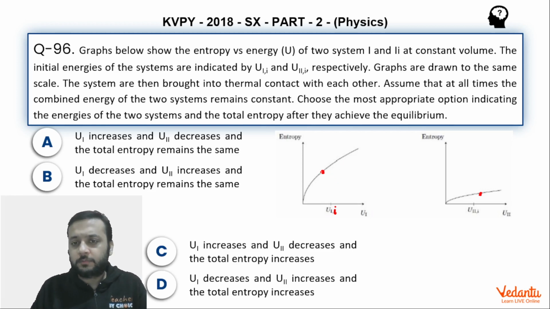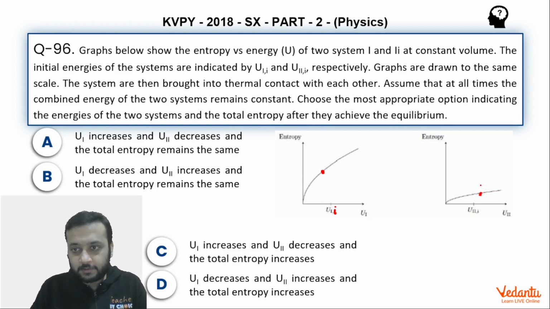Now let us assume that the energy of system 1 is decreasing. That means it is going in the backward direction, because if energy is decreasing, then it will go in the backward direction. This also means that the energy of system 2 will increase, because total energy will have to be constant. So it will go in the forward direction.